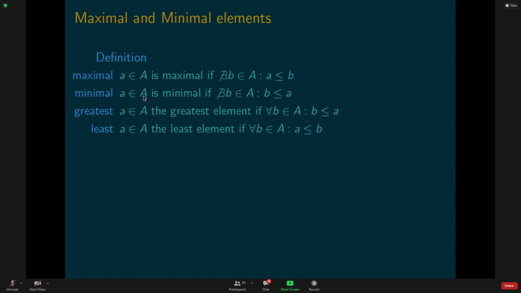Now a minimal is if there is no B smaller than A. This is maximal and minimal. Now greatest is if A is bigger than any other B, and least if A is smaller than any other B. Be careful, greatest and maximal are not the same.